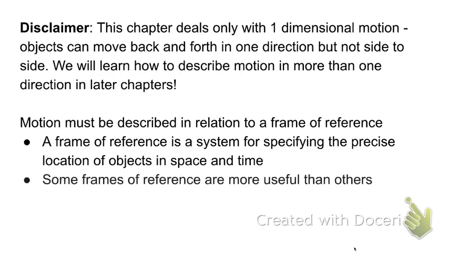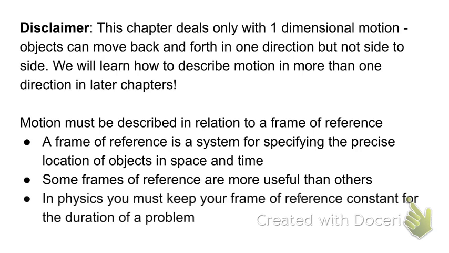Some of them are useful, some of them may be less useful for your problem. In physics, we have to keep our frame of reference constant for the duration of a problem. So once we've specified what our frame of reference is, then we cannot change it for the rest of the problem. Otherwise, we will affect our answer.